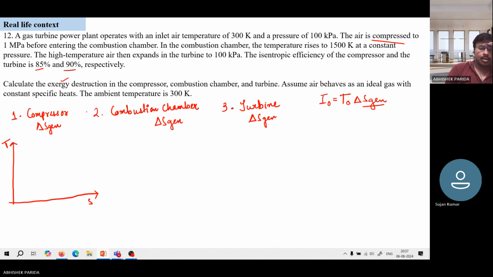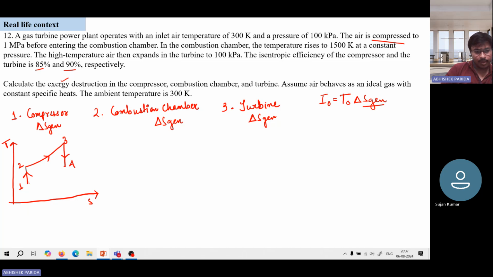Yes, absolutely right. Whenever there is a power plant question, always try to make its graph. The T-S plot for a gas turbine power plant will be somewhat like this, assuming it to be an open cycle 1, 2, 3, 4. From 1 to 2, the compression is taking place, which is an isentropic process if it is a reversible cycle. Then 2 to 3 is a constant pressure process, and 3 to 4 is again an isentropic expansion.